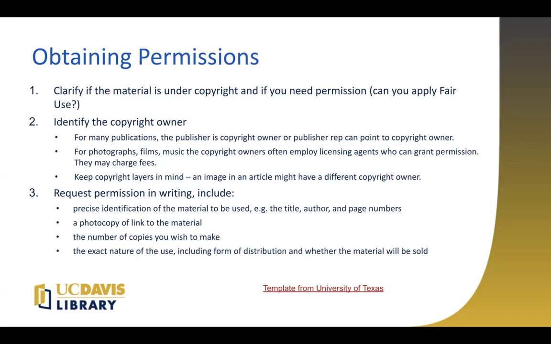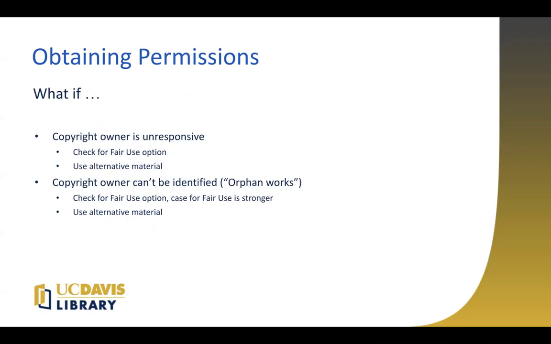So there's a list of the things that you need to include in your permission letter, the exact nature of the use. And then you get an answer or not. If the copyright owner is unresponsive, this happens sometimes, then you need to check for a fair use option.